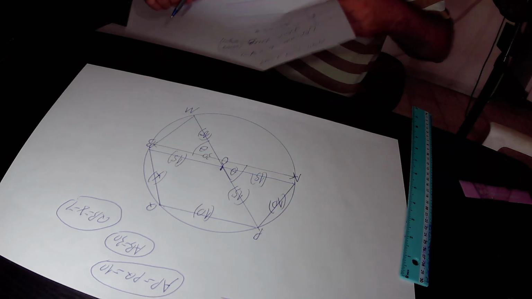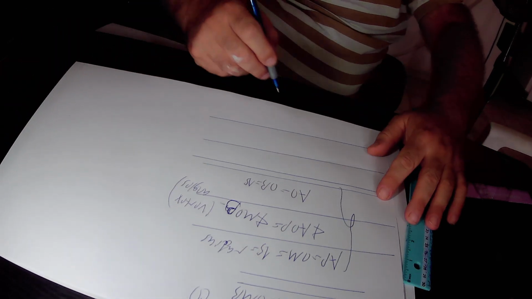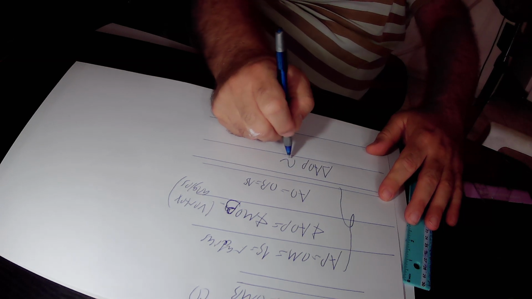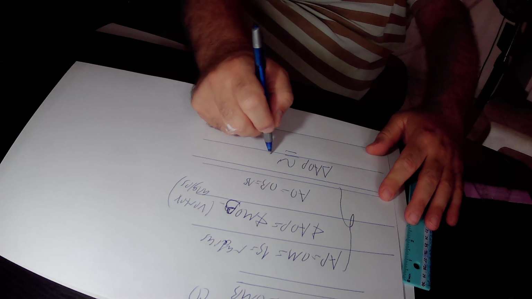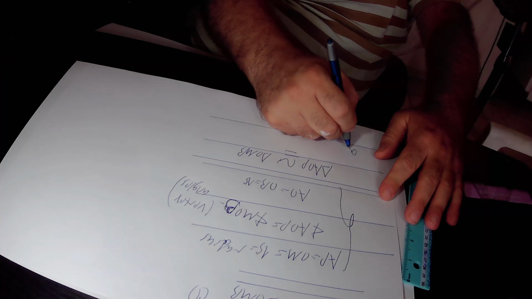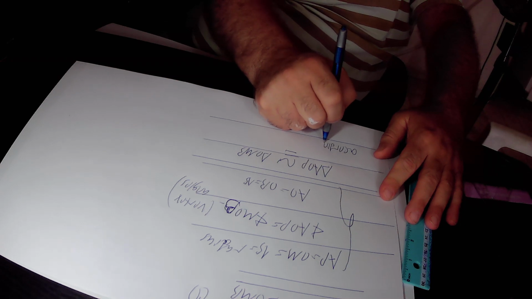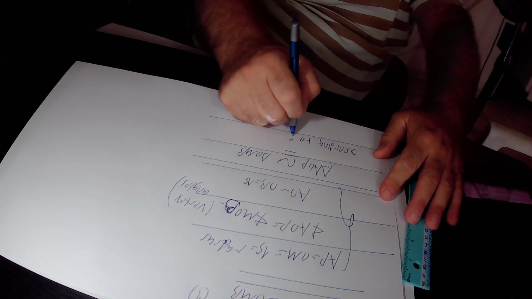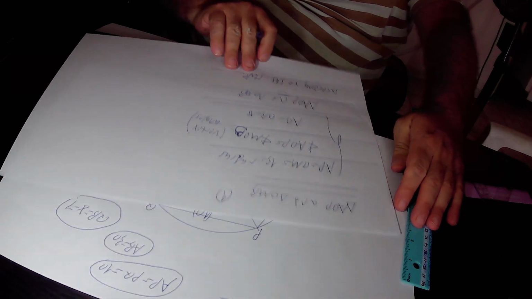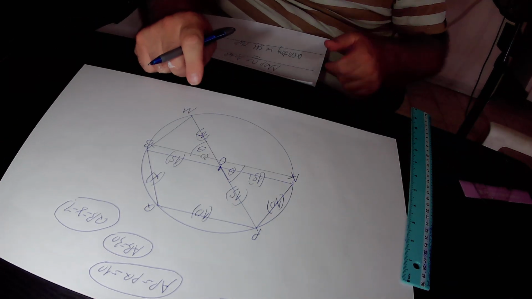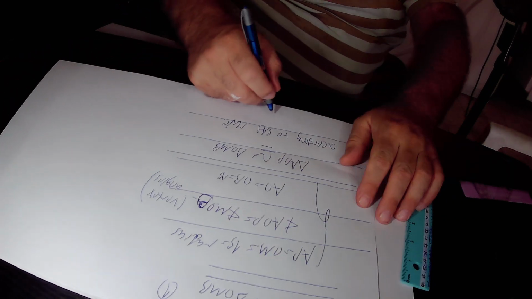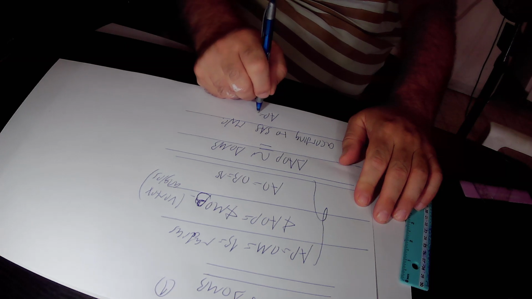So right now we have proved that triangle AOP is congruent, this is the sign of congruent, to triangle OMB according to the side angle side rule. And from the fact that those two triangles are congruent, we derive that side AP equals side MB. AP equals MB.